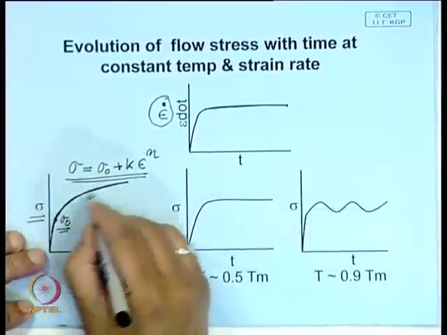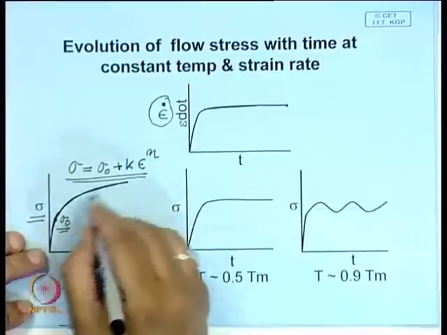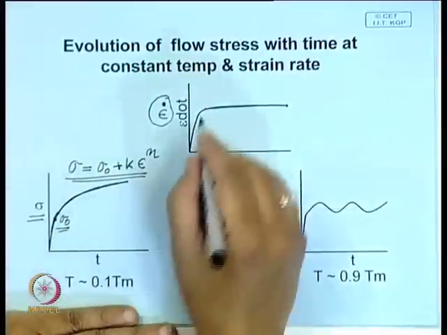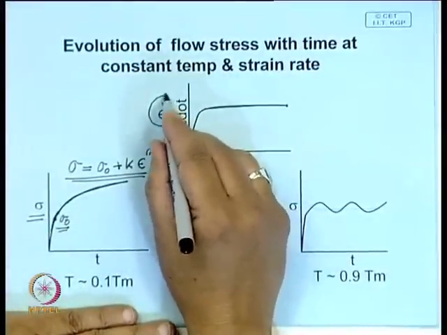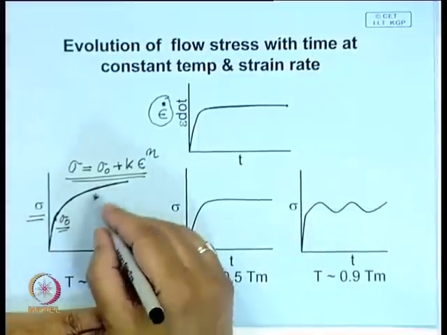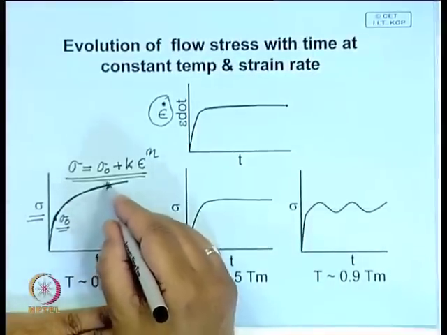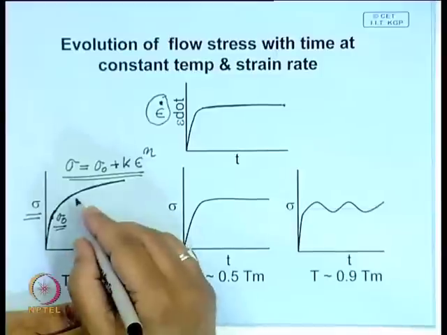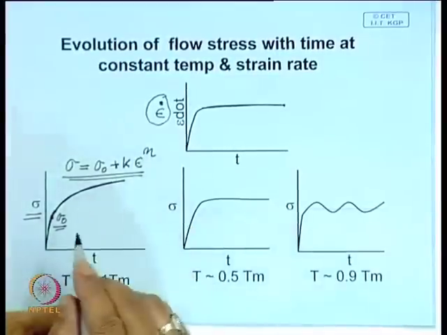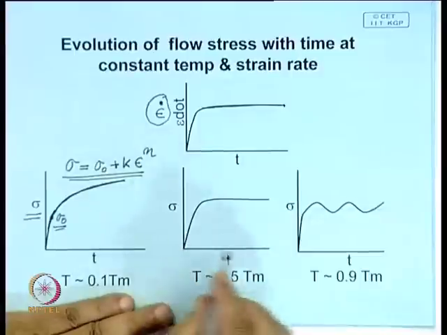So, the material hardens. Unless you increase the load, you will not be able to maintain the same strain rate. To maintain the same strain rate, you have to apply increasing pressure to the job that you are shaping.